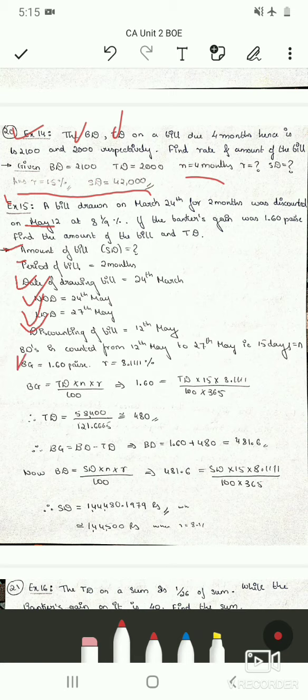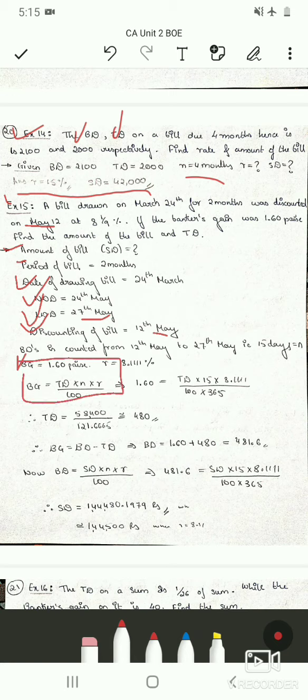So we can calculate our N. It will be from 12th May to 27th May. So 15 days is your N, and they have given the banker's gain.